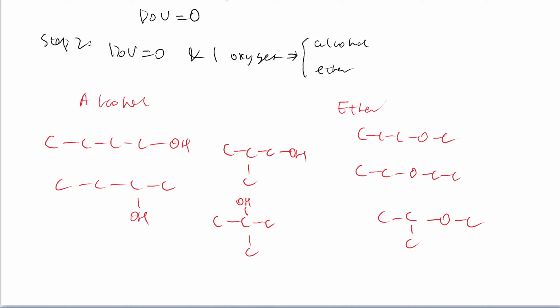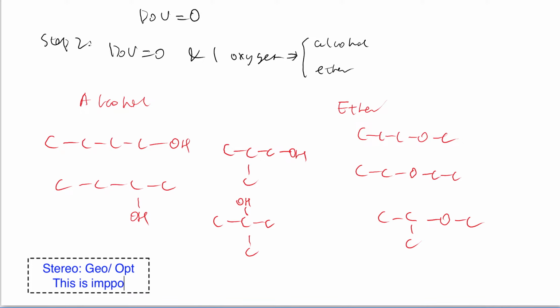Yeah. So always do it by elimination. Whenever it is stereo, you need to think about it, it can only be geometric or optical. And it is impossible for geometric isomer in this case because we don't have any double bond, we don't have any ring.